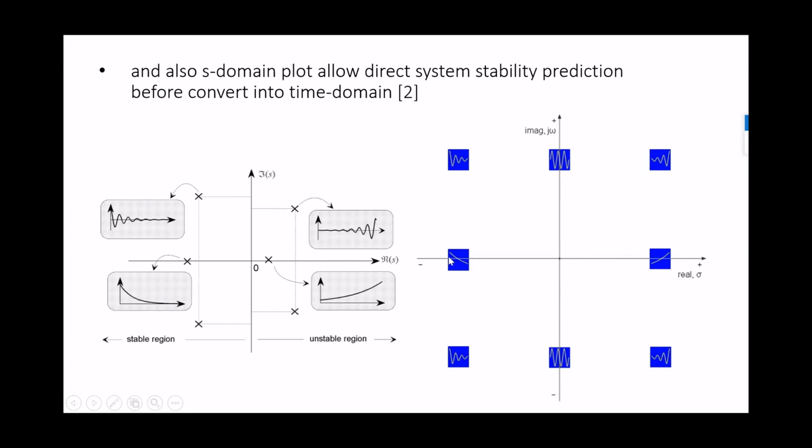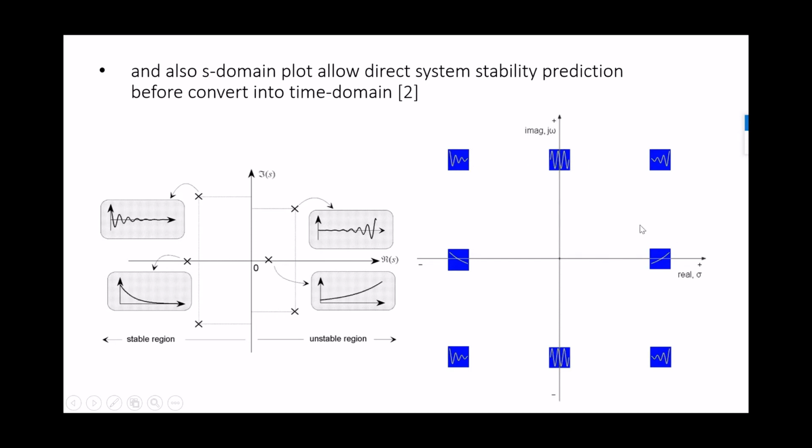To summarize, if the pole sits here, the output goes down like this. If the pole sits on the y-axis, the output generates a sinusoidal waveform, a marginally stable waveform, because it oscillates up and down. The other one oscillates up and down but finally damps out and becomes 0.